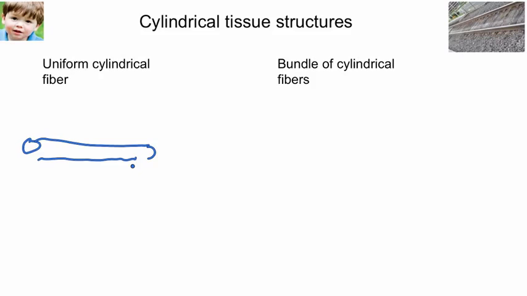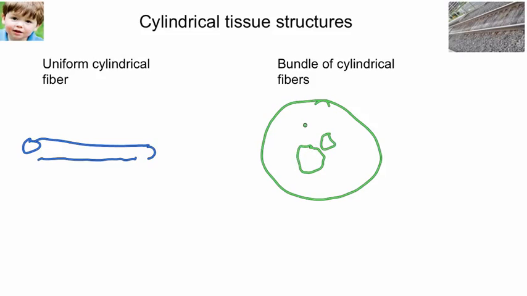As an alternative, think of a bundle of cylindrical fibers. If I draw a cross-section, here's maybe the outer sheath of the bundle, but within it there may be lots of fibers, so that the whole space is filled up with many, many individual fibers within the sheath.